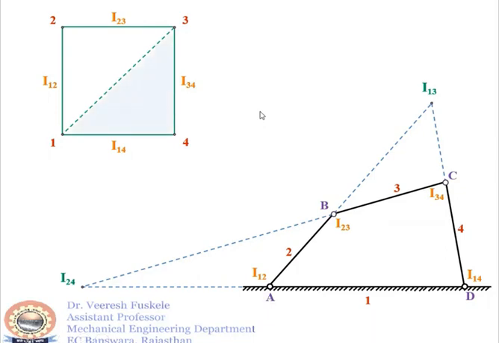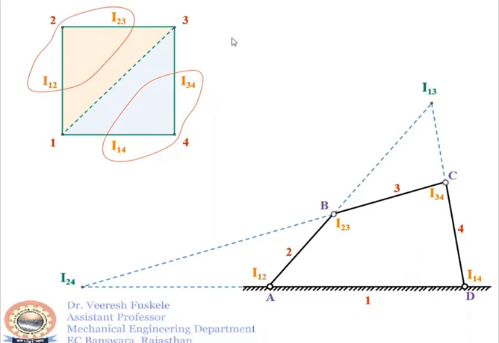One triangle is 1, 4, 3 having sides as ICs I14 and I34. And the other triangle 1, 2, 3 having sides as ICs I12 and I23.